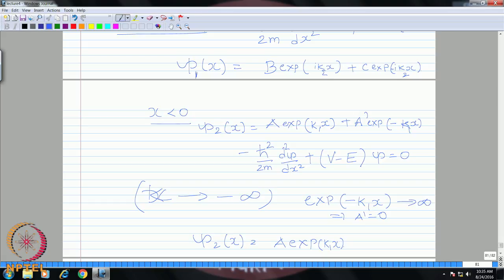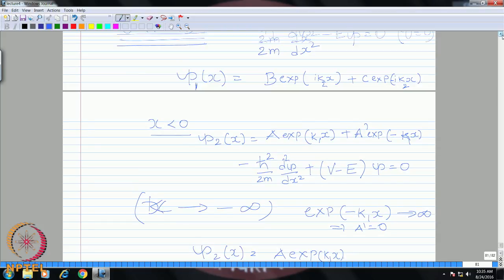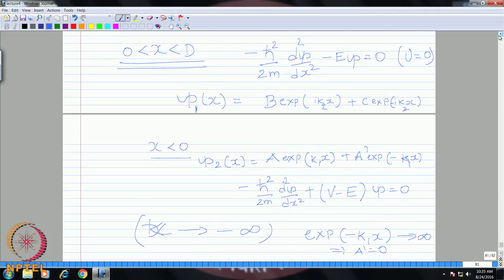So, now how is k1 related to E and how is k2 related to E here? How do we relate, for example, here? If you recollect, E is equal to h bar k the whole square by 2m.